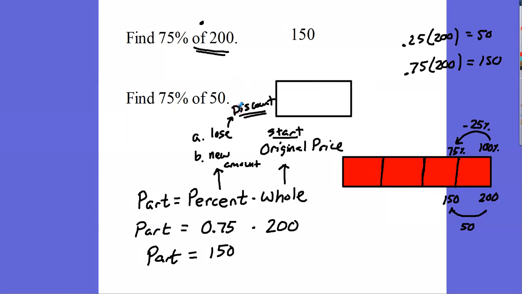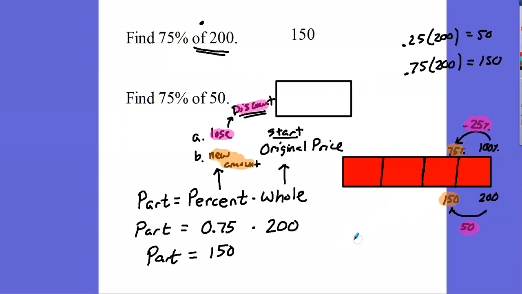In this picture, my discount is the amount that I lose, and that's this value right here as a percent. That's this value right here as a number. Or the second percent is my new amount, and my new amount is 75% of what I started with because I lost 25, and as an amount, that's 150.